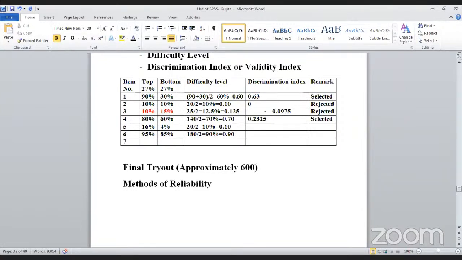After taking permission from the principal, you can go to the class and introduce yourself and tell them the purpose of your coming. And after that, you give the instructions to them as to how they should give their responses. Now, once they understand the mode of responses to be given, then you can give one copy of the answer sheet first.